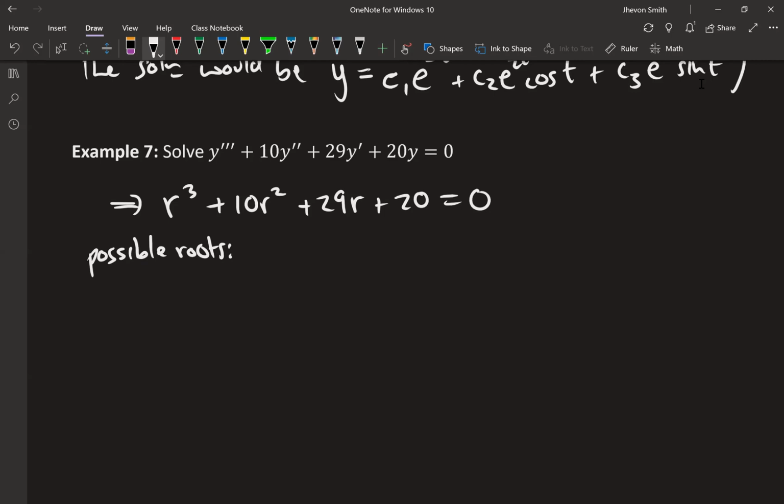The factors of 20 are 1, 2, 4, 5, 10, and 20 itself. The factors of the leading coefficient are 1. So those are all the possible rational roots. And now I'm going to try to actually get a 0 here.